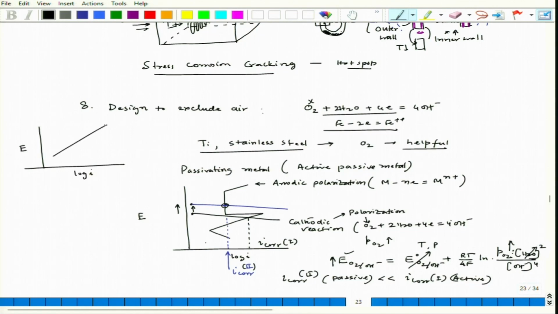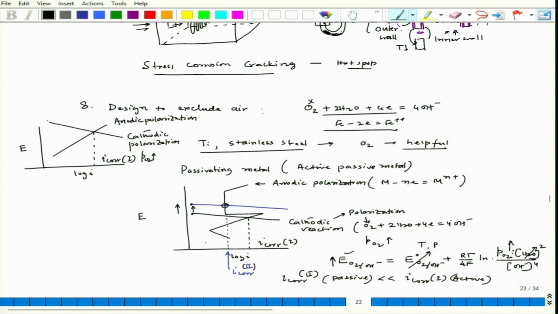So, this is my active metal, it does not show any active passive behavior, and let us say this is the cathodic polarization line, and this is the anodic polarization line, metal dissolution. So, this is my corrosion rate I cor 1, where partial pressure oxygen is high.